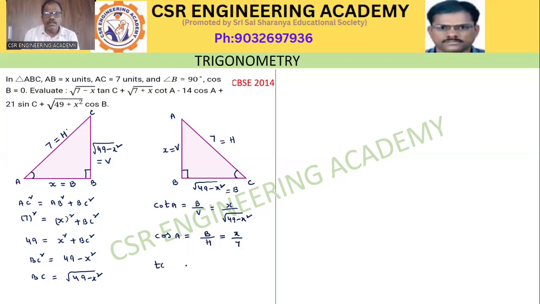Tan C is equal to vertical side by base, here vertical side AB is equal to x divided by base BC is equal to root of 49 minus x square. Sin C is equal to vertical side by hypotenuse. Here vertical side AB is equal to x divided by hypotenuse AC is equal to 7.